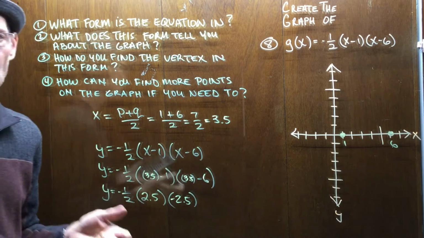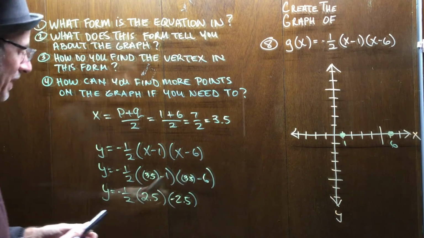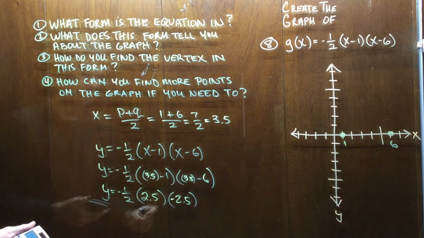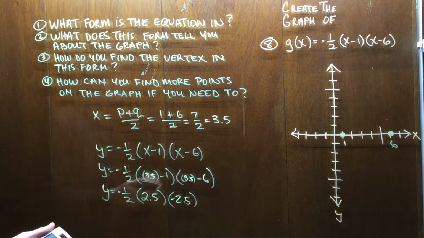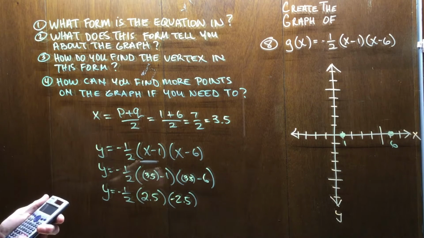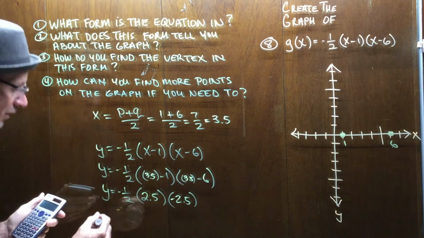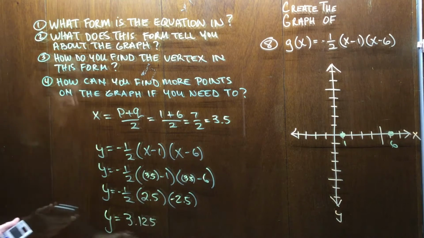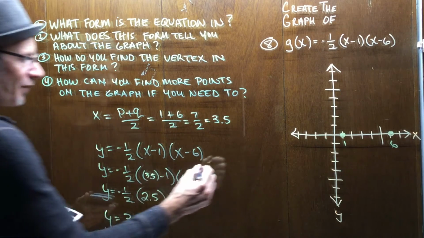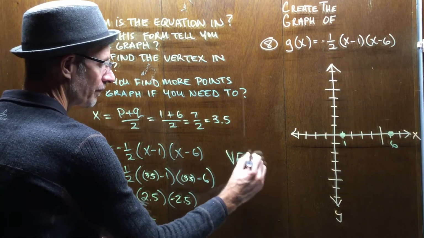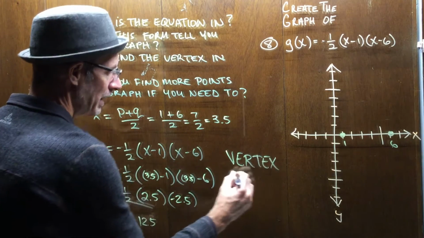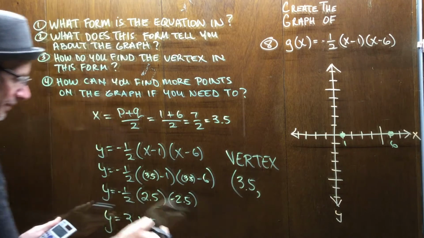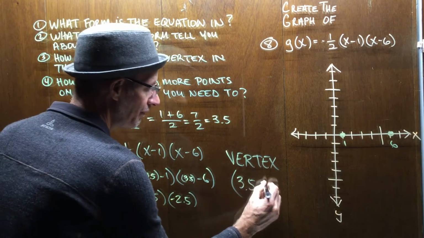It doesn't matter what order you multiply in. Multiplication can happen in any order. So I'm going to multiply 2.5 times -2.5 times -1/2. And that comes out to 3.125. So now we know that our vertex is 3.5, comma, 3.125.